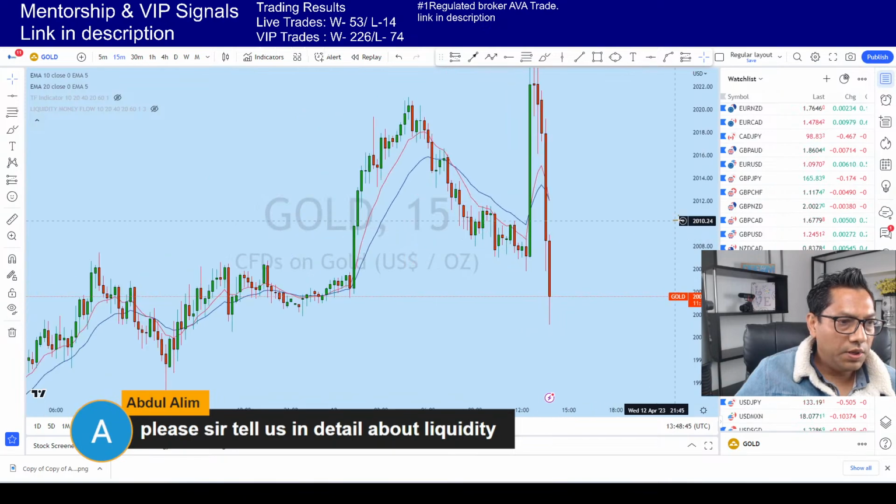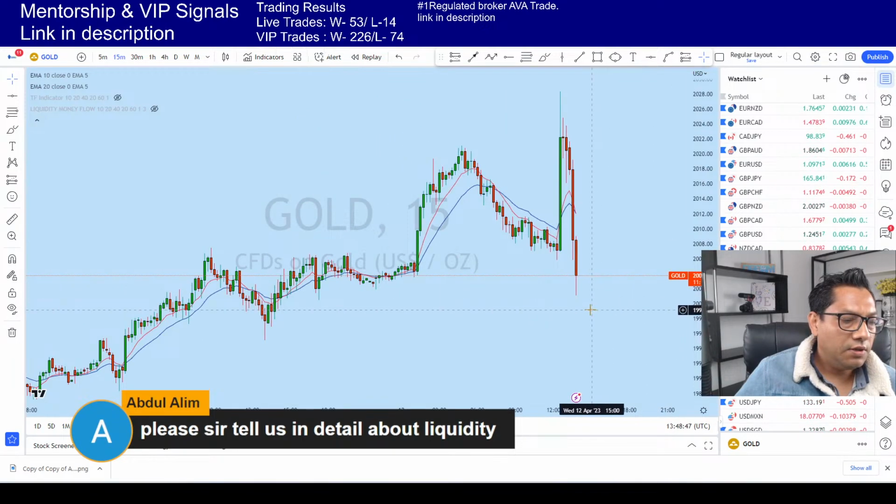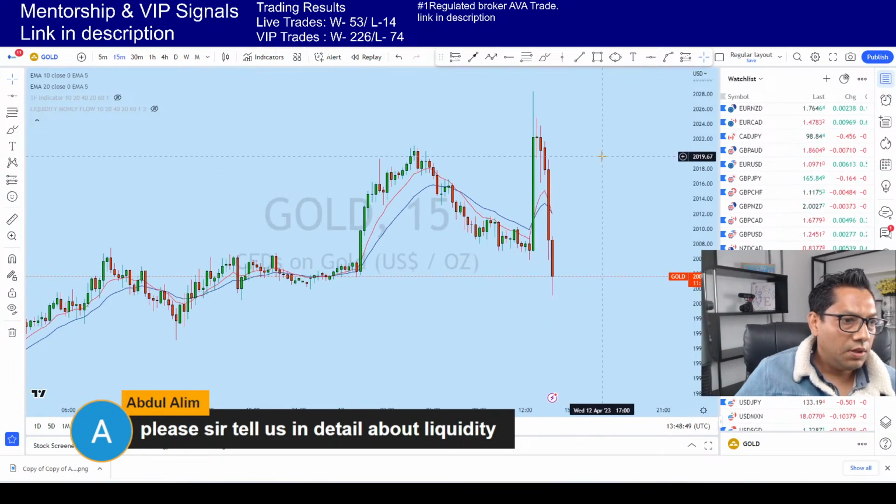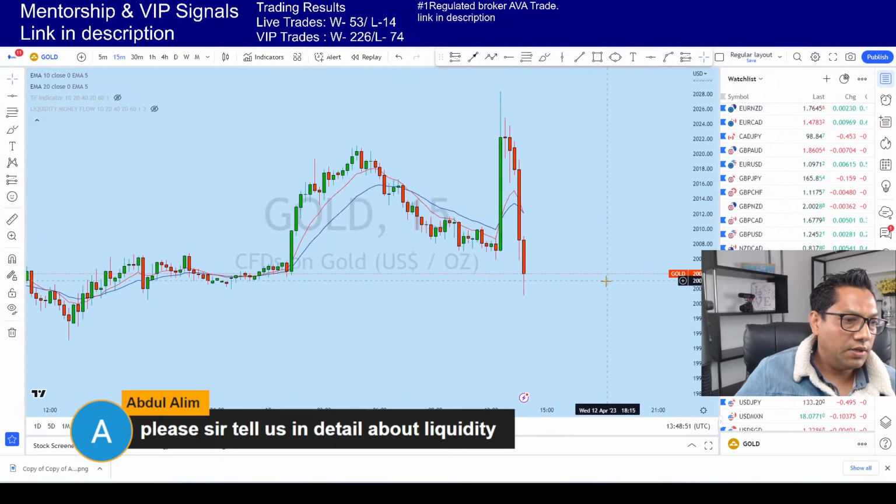This is a huge manipulation. You can see it went to the upside on the news, and then it has just come straight back downside.